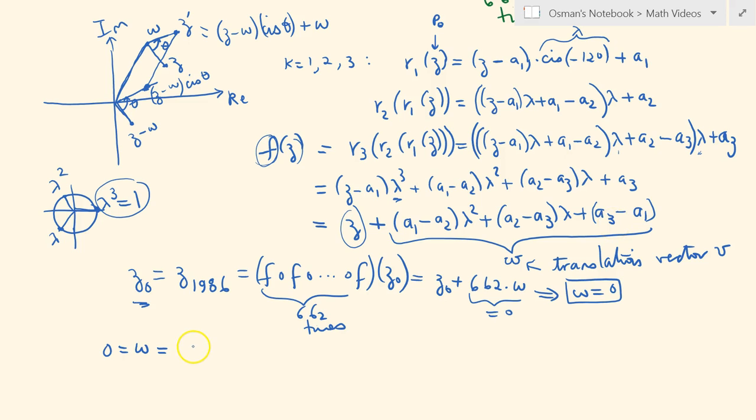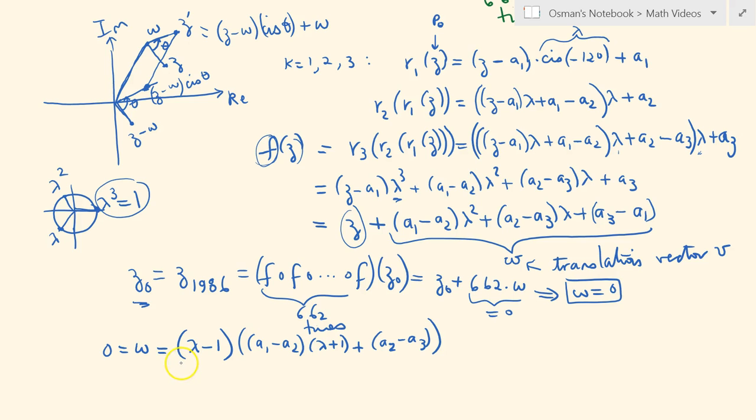The way I will do it is I will factor out a lambda minus 1 here, and if you do the algebra carefully, you should get the following thing, times lambda plus 1 plus a sub 2 minus a sub 3, and that's it.